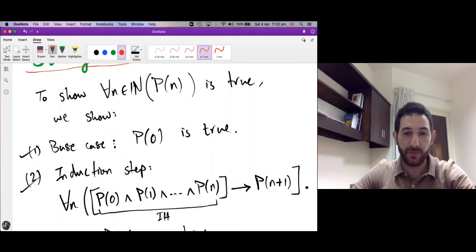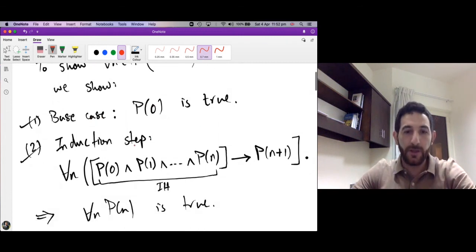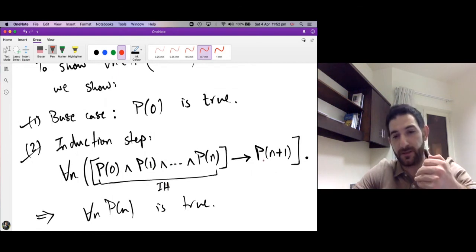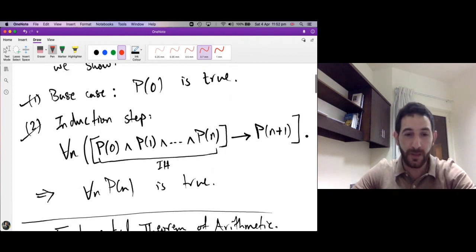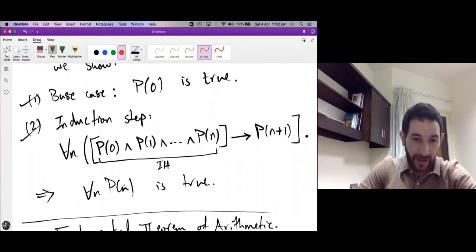The base case, we show that 0 has the property P, and second, we assume that all the numbers from 0 up to n, where n is any natural number, have property P, and using this hypothesis, we show that the successor of n, which is n plus 1, has property P. And if you show step 1 and step 2, this means that every natural number n has property P.